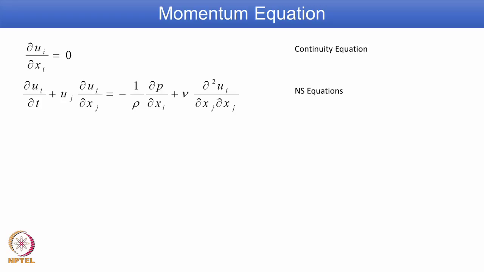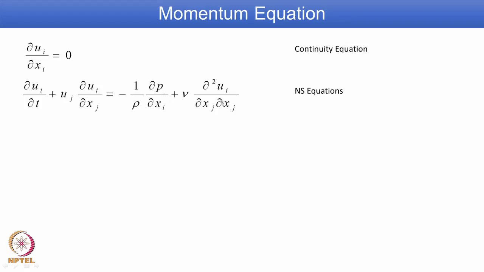So i is single: for every value of i you get a single term, whereas within that, for every value of j you get a single term, but they are summed up. Now, let us look at the other terms on the right-hand side. ∂p/∂x_i is a single term.